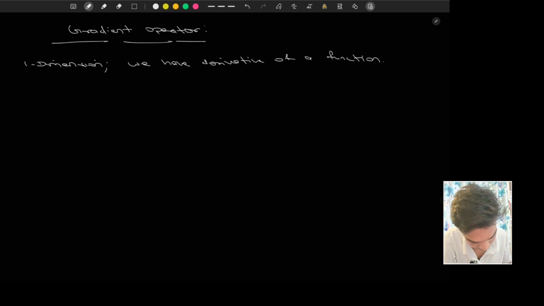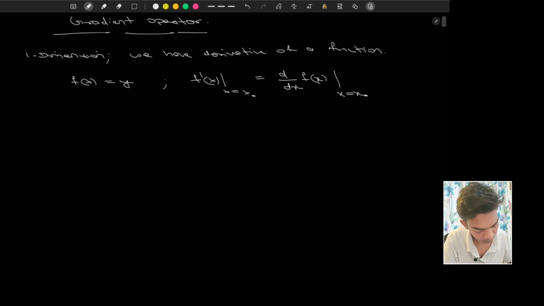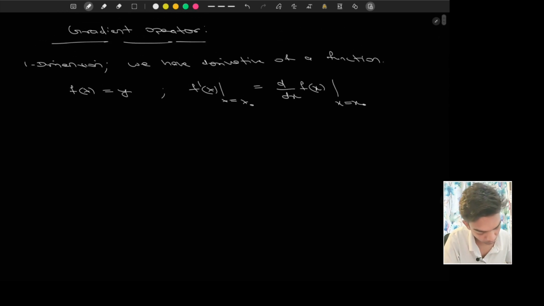Suppose I give you a function f of x and I ask you to compute f prime of x at x equals x0. By notation, this is written as d by dx of f of x at x equals x0.